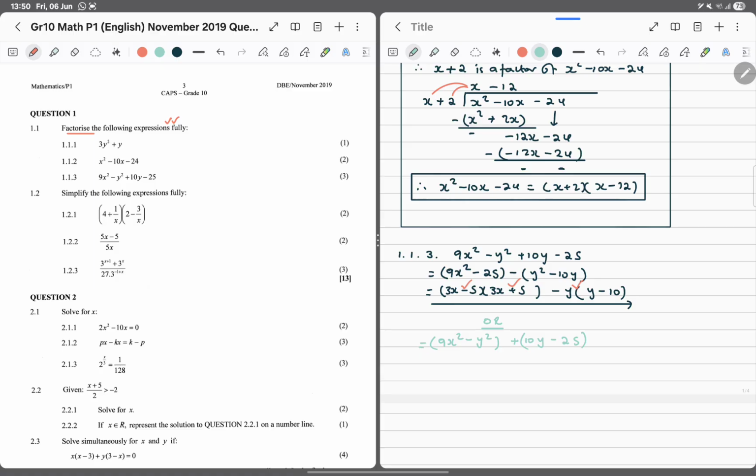So this would mean, again, we have 3x minus y into 3x plus y when we factorize that difference of 2 squares. Plus, the highest common factor here is 5. We get 2y minus 5.